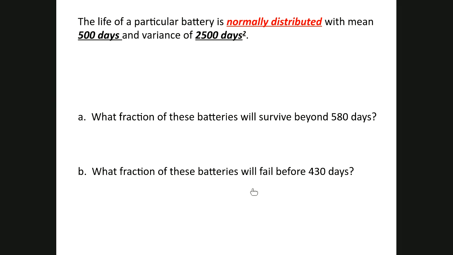So the example problem that we're going to look at is: the life of a battery is normally distributed with a mean of 500 days and a variance of 2,500 days. So again, right off the bat, we want to use our tool, we want to define the random variable.